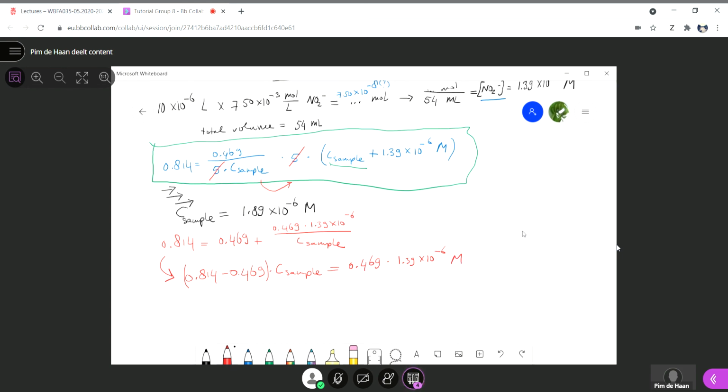And then in the end, we get C sample, right? C sample equals 0.469 times 1.39 times 10 negative 6 molar divided by 0.814 minus 0.469, and then we get 1.89 times 10 minus 6 molar.